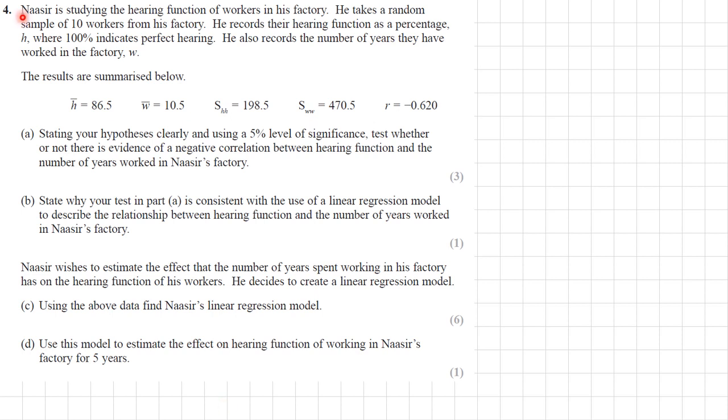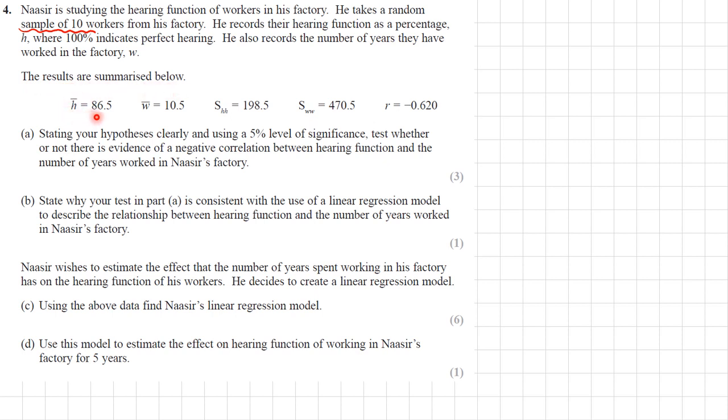Question 4. Nazir is studying the hearing function of workers in his factory. He takes a random sample of 10 workers, let's underline that, sample of 10 from his factory. He records their hearing function as a percentage H, where 100% indicates perfect hearing. He also records the number of years they have worked in the factory W. The results are summarized as follows.